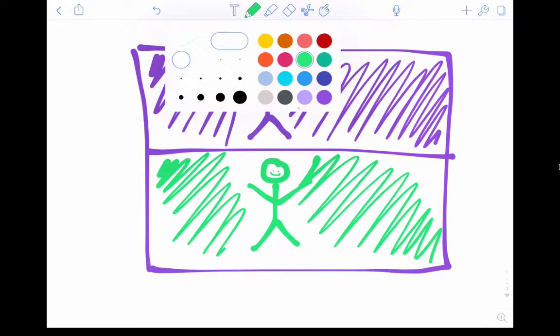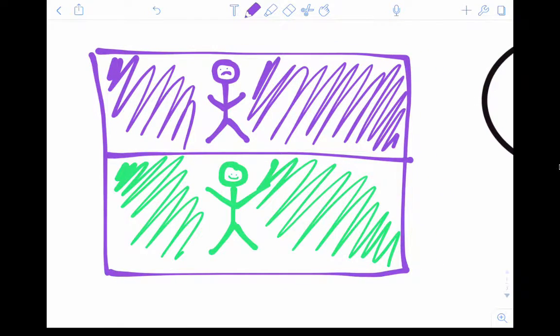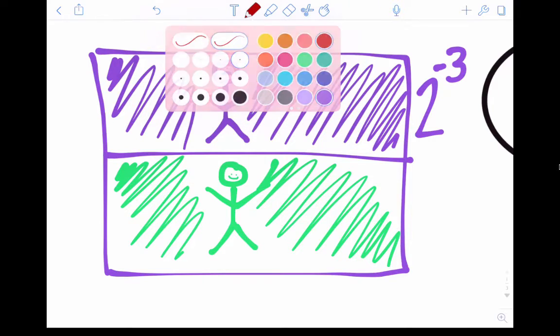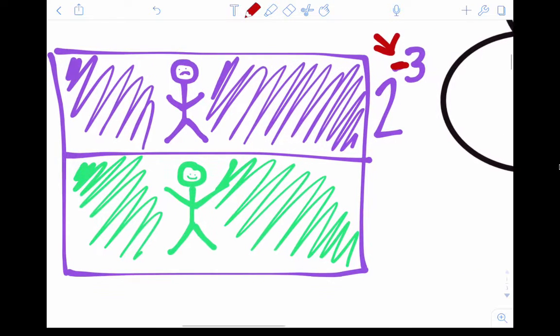Well, numbers are actually the same way as my little predicament I was in when I was in college. If I have the number 2 to the negative third, that negative exponent is kind of like an eviction notice. And so when that negative exponent's there, it's telling it that it needs to move down to the basement.